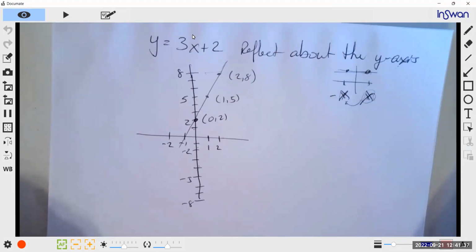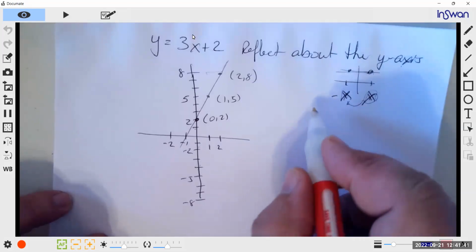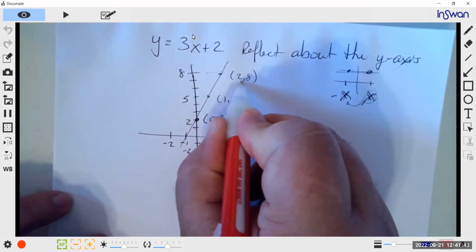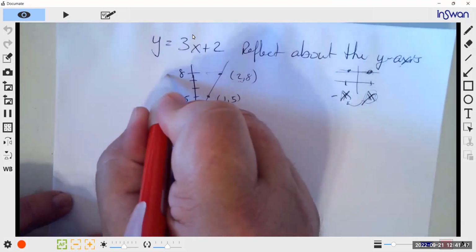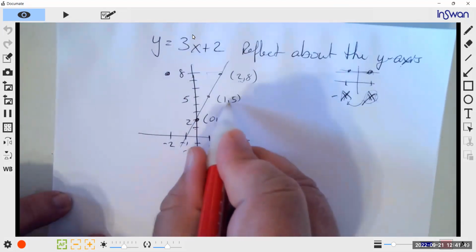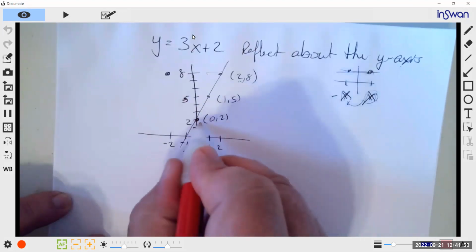So that's what we have to do. So to change the sign of x. So this new point would be negative 2, 8. Negative 1, 5. 0, 2.